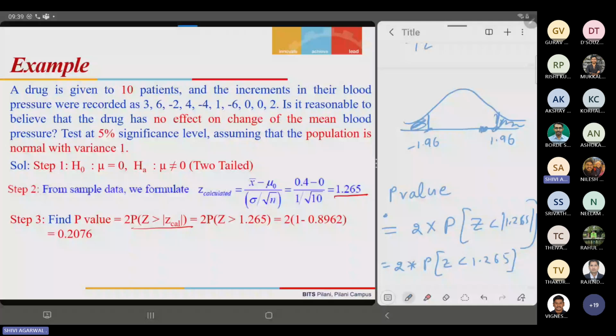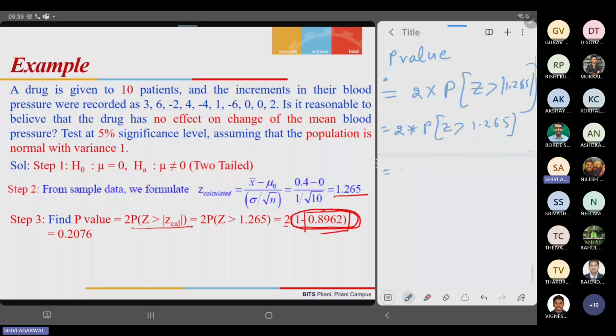Okay, it should be greater than, sorry. Okay. So we are just saying 2 times 1 minus 0.8962. Now, can you tell me why we are getting 0.8962? I believe that everyone can understand this point.